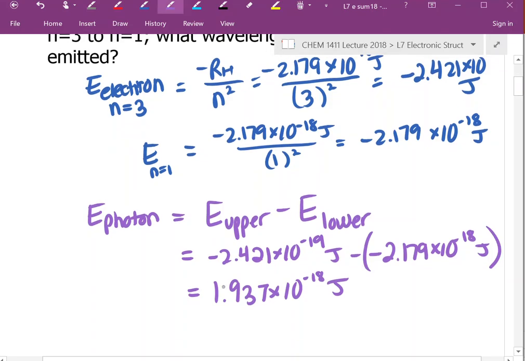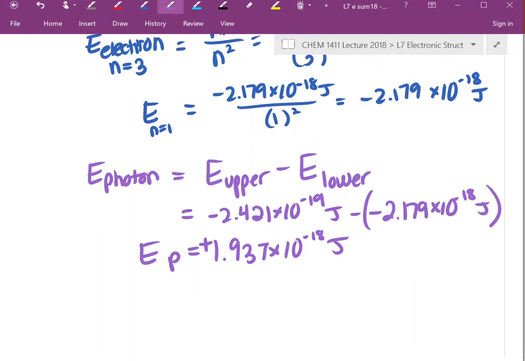Okay, and notice this comes out to be a positive number. The energy of the photon is always a positive number. It cannot be negative.